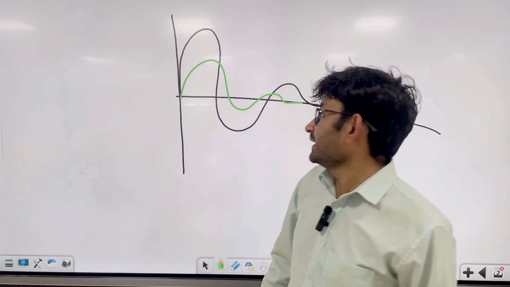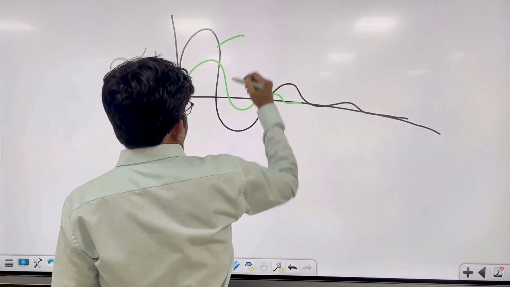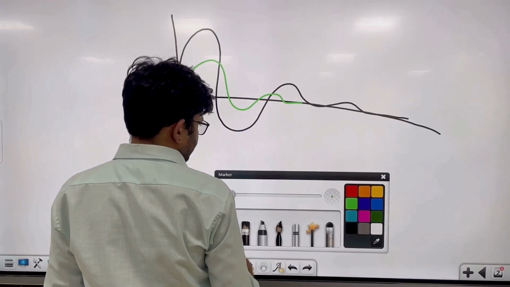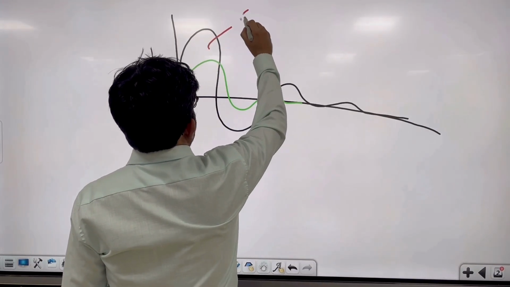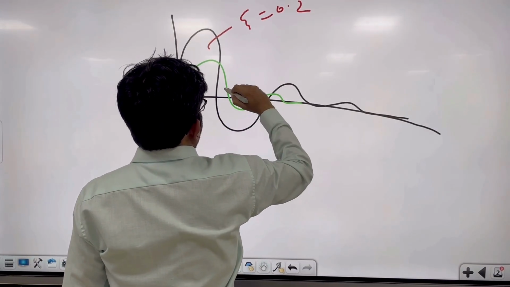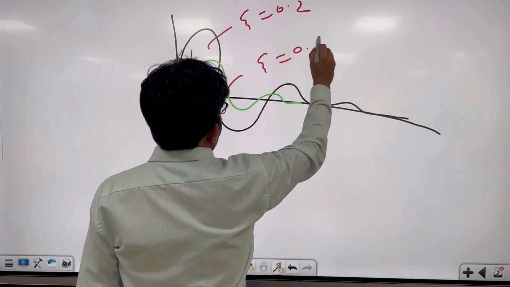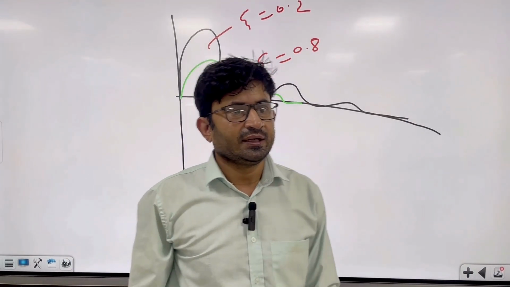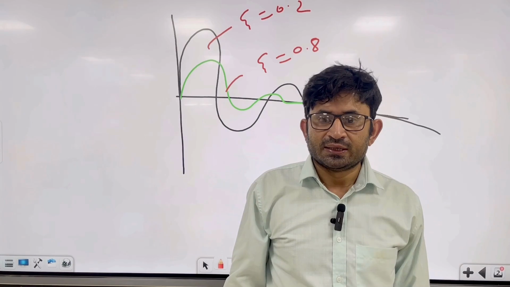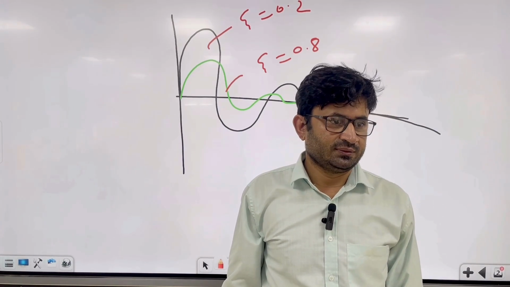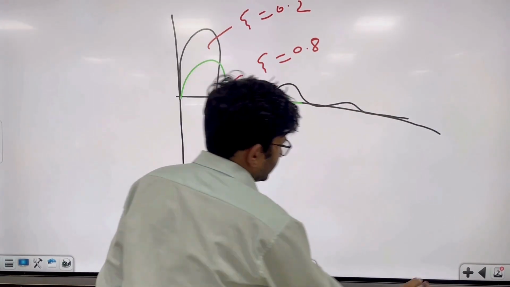In this case the zeta value was 0.2, and in that case the zeta value can be 0.8, just by taking the feedback and multiplying the gain. That is called stabilization.